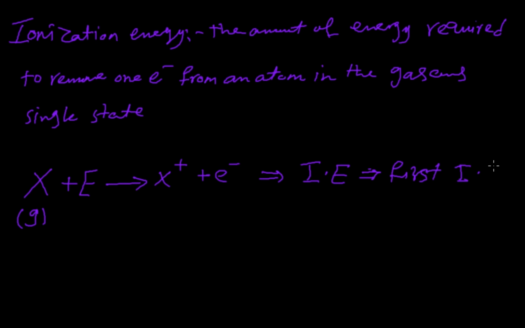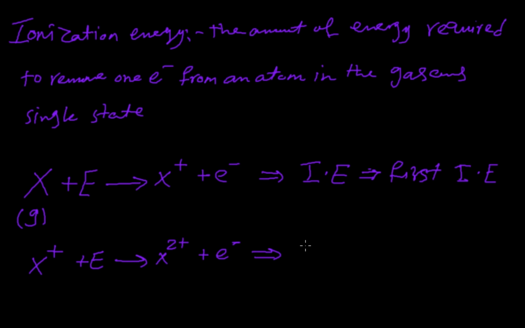If we want to further remove one electron, we bring this X positive, the cation, and we put in energy to give X2 positive plus the electron. So we get an ion with 2 positive charge.